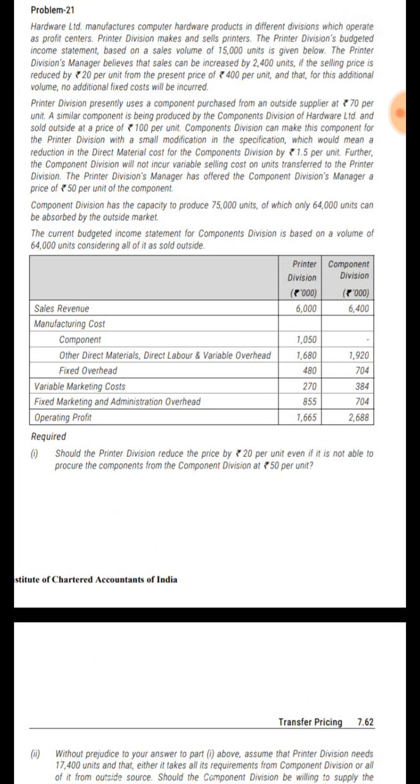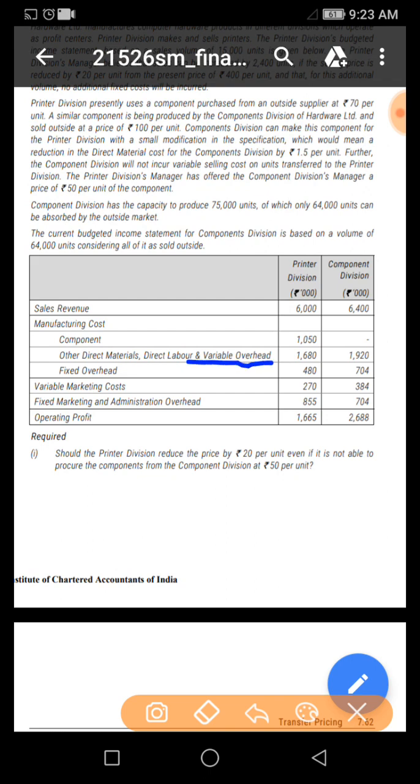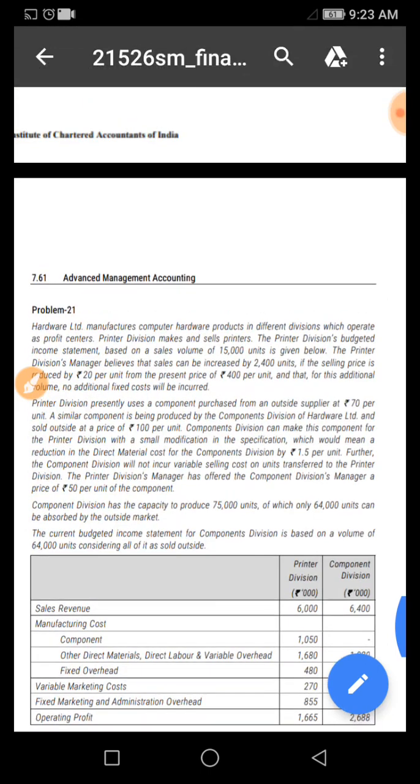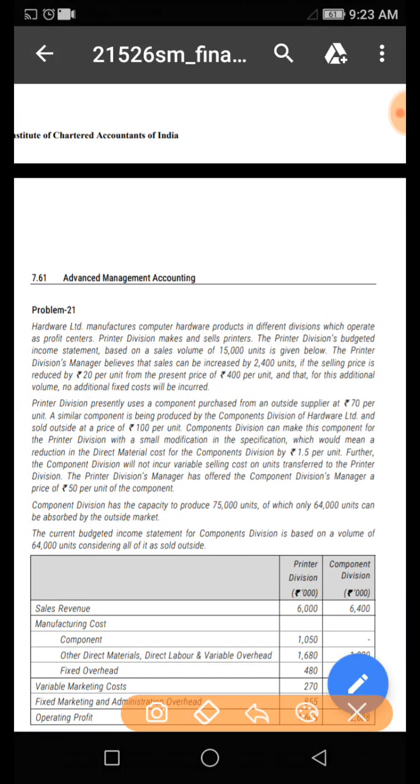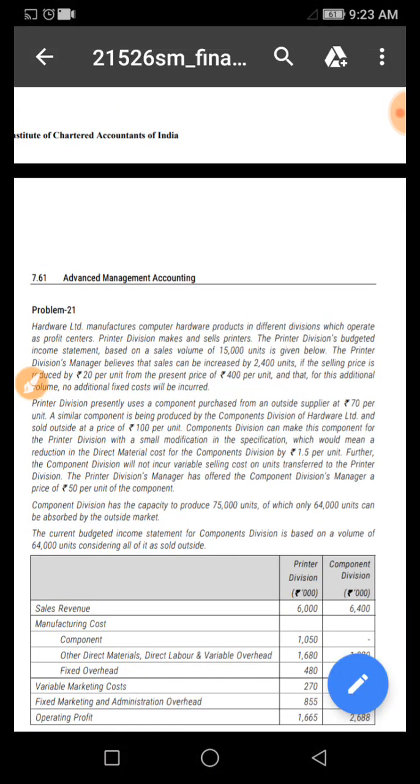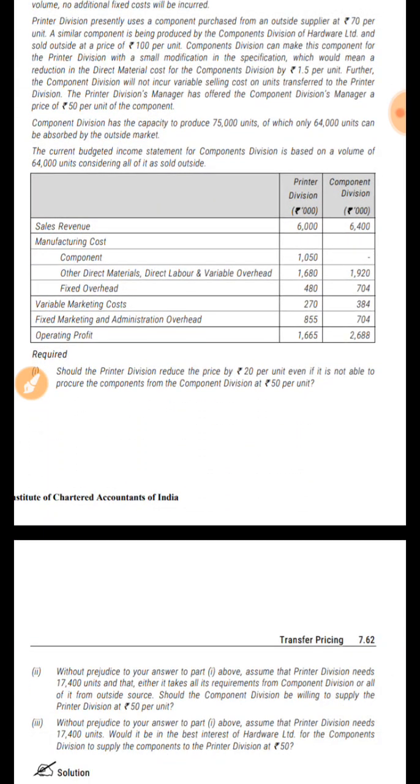Then other direct material is 1680, which is in thousands, so 16,80,000 divided by 15,000, because the printer division has a volume of 15,000. That is the total they have given, which is why we take it per unit.